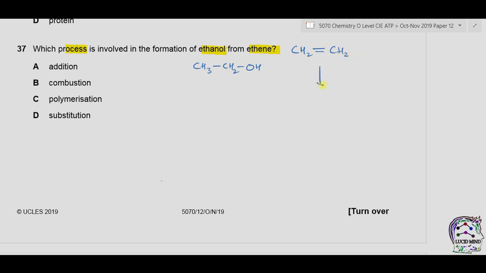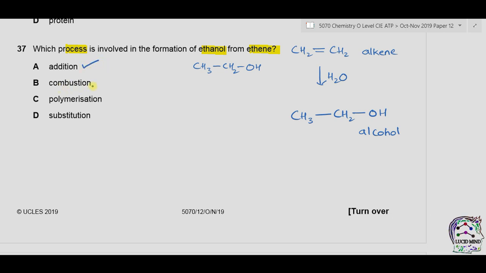Now in an alkene water can be added in such a way that hydrogen attaches itself to one carbon atom, so it becomes CH3, while OH attaches itself to the other carbon atom, so it becomes CH2OH. Now alkene has converted into alcohol, and this reaction is called addition reaction. So A could be correct.